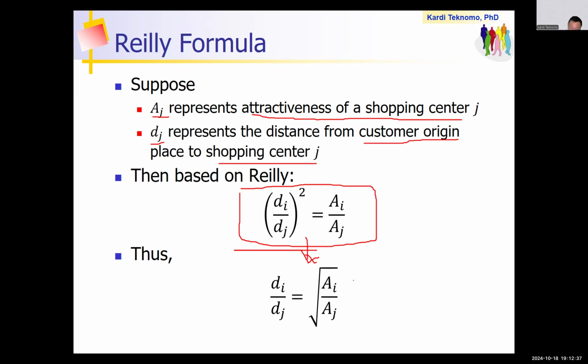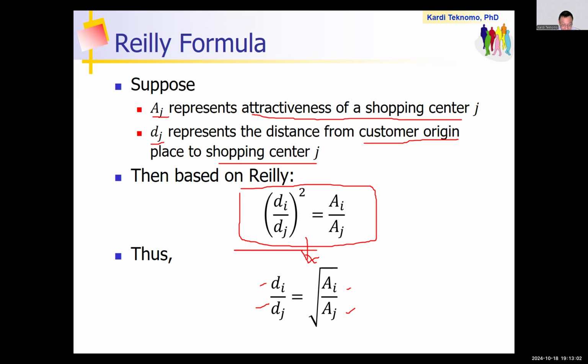If you know the Di and Dj, and you know the attractiveness of these two, then you can measure where the boundary is. So really we discuss the boundary.